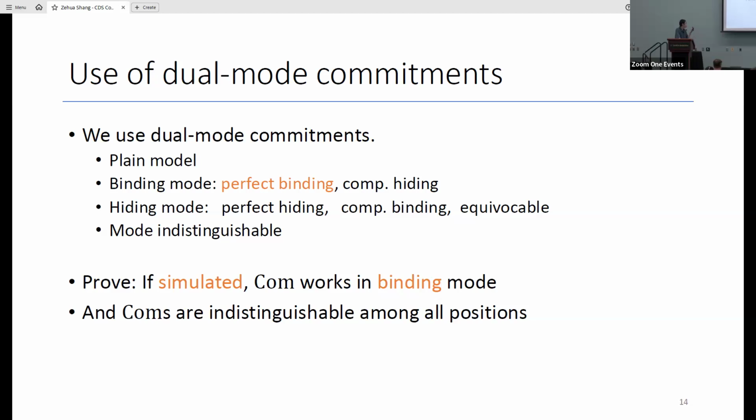What we need to prove is that if the challenges are used for simulation, then the commitments for the challenges will work in the perfect binding mode. And also, we need to guarantee that all of the commitments are indistinguishable among all positions.